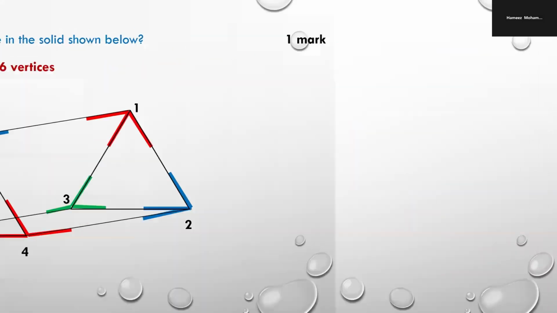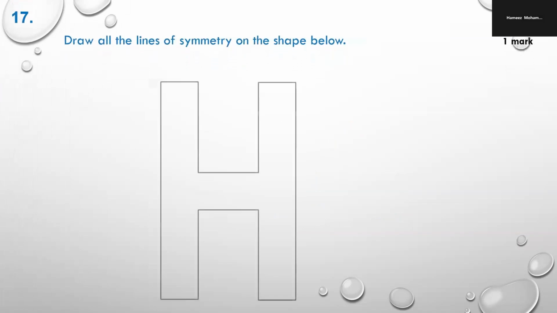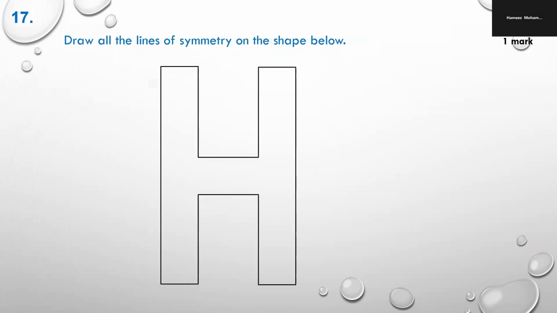Let's move on now to number 17. We're almost done. Draw all of the lines of symmetry on the shape below. So they gave us an H. A line of symmetry or a mirror line or a line where we can fold it so that one side fits upon the other.